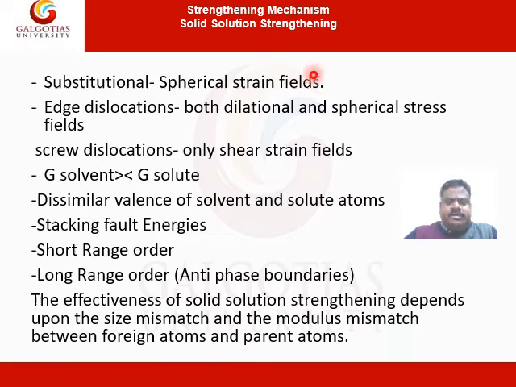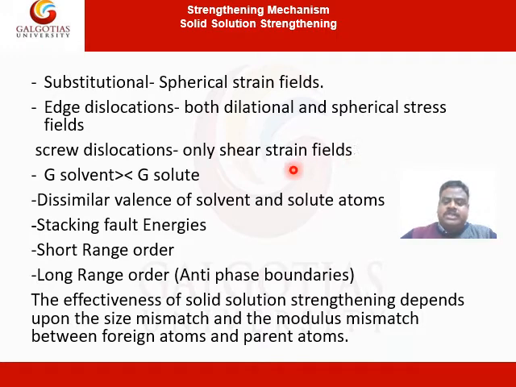A few points can be remembered regarding the mechanism associated with solid solution strengthening. Generally, substitutional impurities have spherical strain fields. Edge dislocations have both dilational and spherical stress fields. But screw dislocations behave differently. They have only shear strain fields.